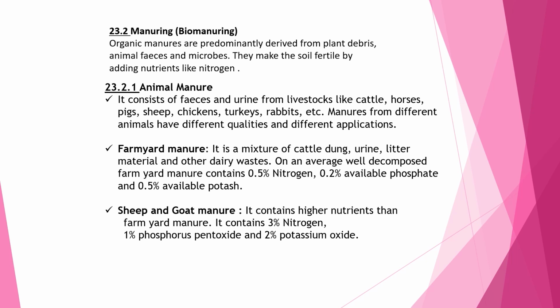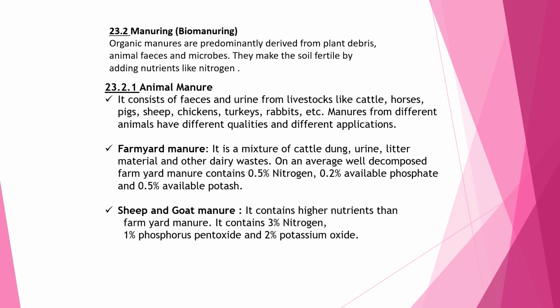So percentage composition of farmyard manure, I repeat, percentage composition of farmyard manure are 0.5% nitrogen, 0.2% available phosphate, 0.5% available potash. Are you clear? So farmyard manure is a mixture of cow dung, urine, litter material and other dairy waste.